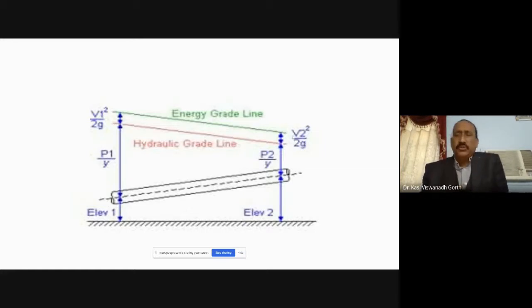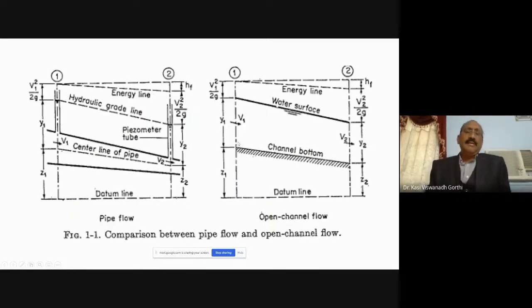The major loss is the loss of head due to friction, and all other losses are minor losses, like loss at entry, loss at exit, loss due to sudden enlargement, sudden contraction, gradual enlargement, gradual contraction, or at a bend. So this is the case which we have already studied in our pipe flow while applying the Bernoulli's equation.